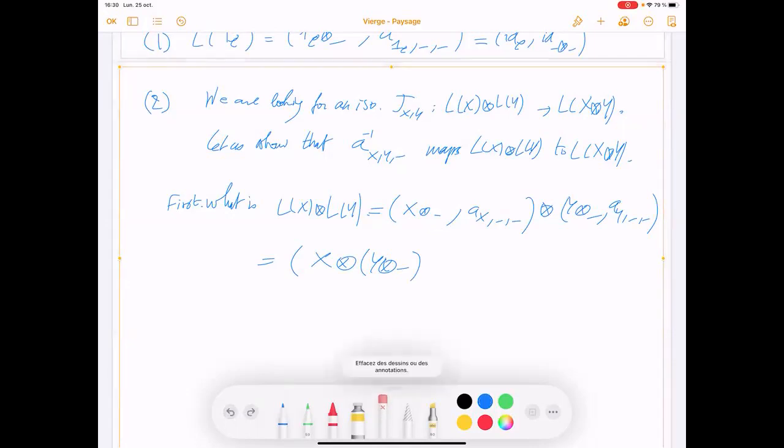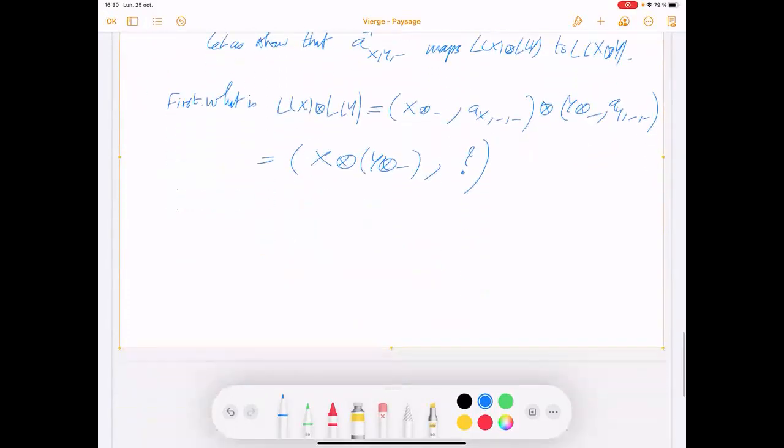And now how do the natural transformations compose? So what about here, in fact? And this is a bit technical. So what about this part? Okay, so what should we put here?